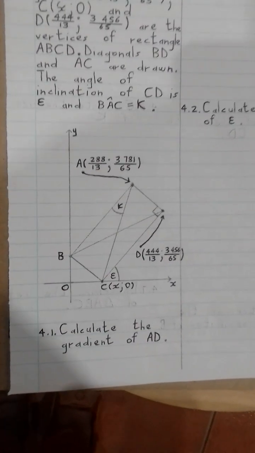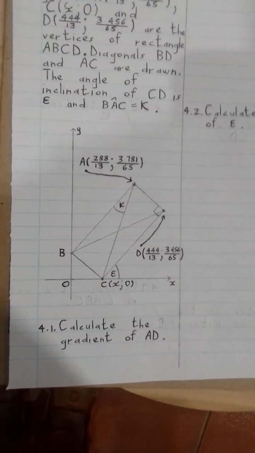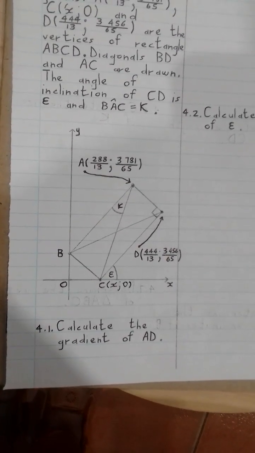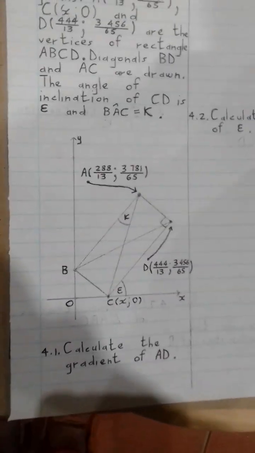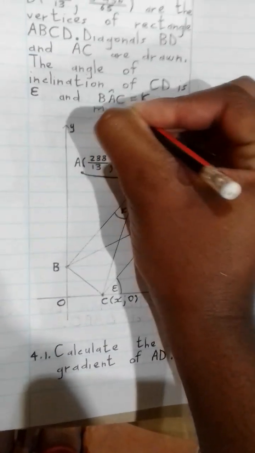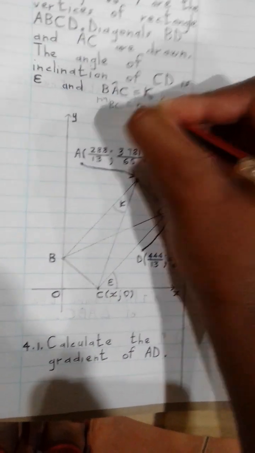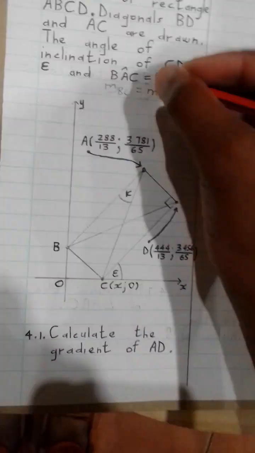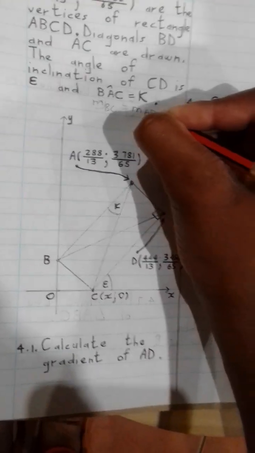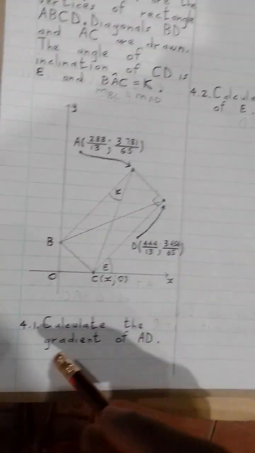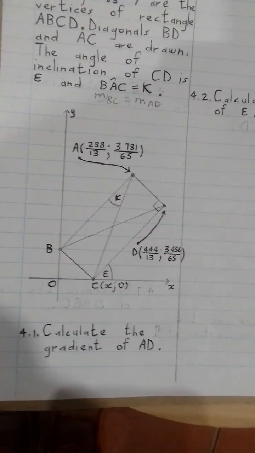If ABCD is a rectangle, that means that gradient of BC, you just write this down somewhere, gradient of BC is equal to the gradient of AD, and the gradient of AB is equal to the gradient of DC or CD, as well as the lengths.